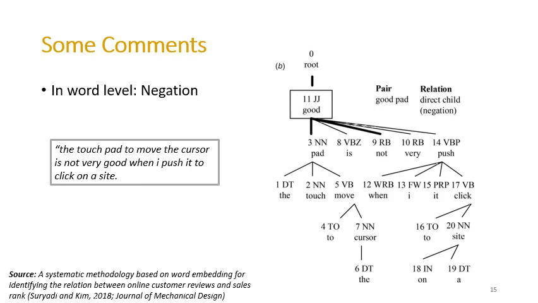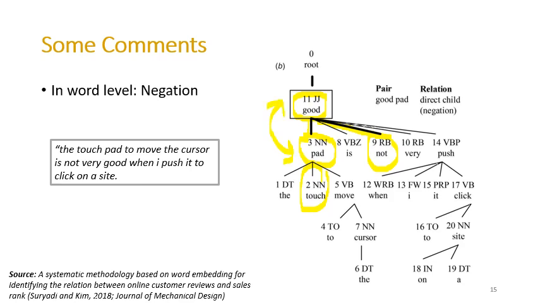So again, the approach that I used was using the dependency tree, such that first I can detect which adjective is connected to which noun. So here I know that the word good is related to the touchpad. And then I can see that the negation word not will change the relationship between good and pad.